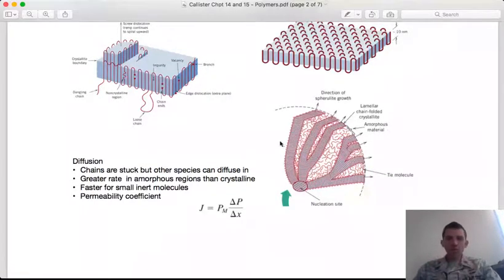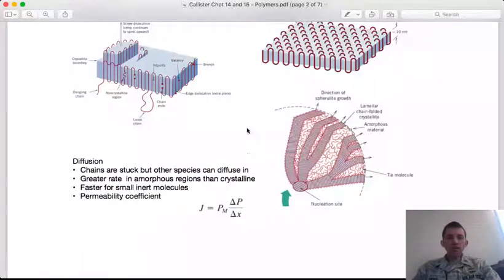Rather, you think about other molecules diffusing in them. So the polymer becomes kind of just the solvent, and the solute would be other molecules. And this is because generally these chains are so long and intertwined that they're not mobile, right? They're not going to be diffusing in the material because they're so long, they're so intertwined, they're not going anywhere.